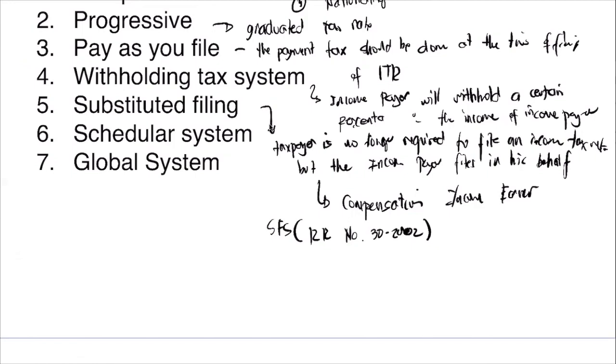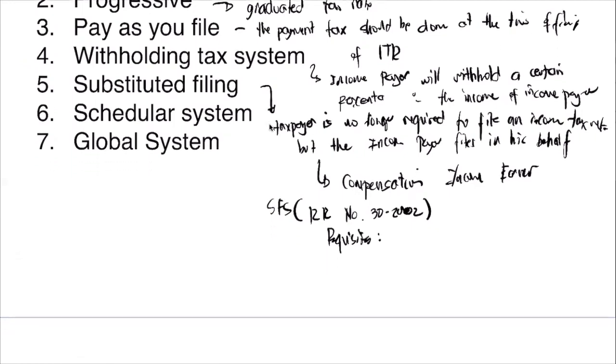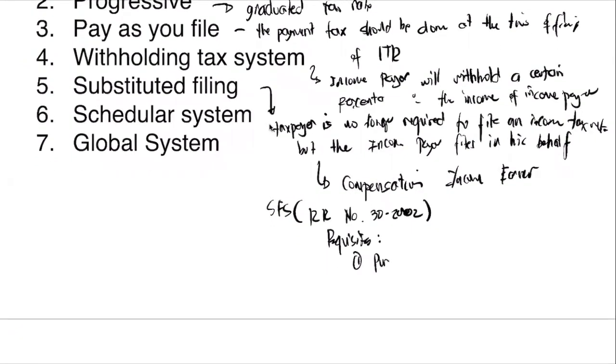So before you can proceed to substituted filing, we have these following requisites. First, you must be a pure compensation income earner. Sir, what do you mean by pure compensation income earner? Guys, there are different sources of income.